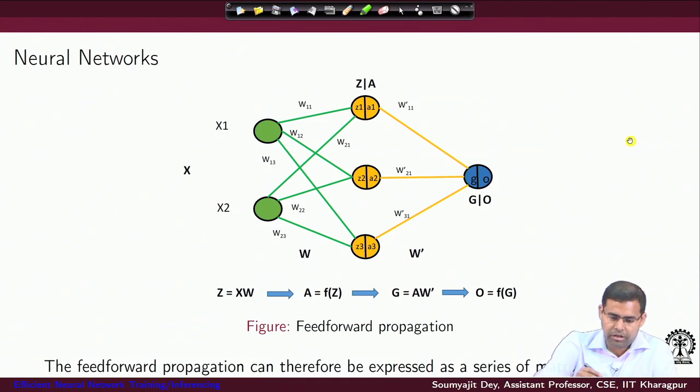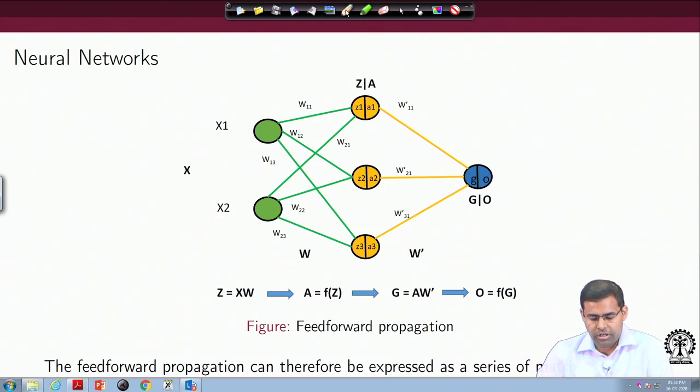As you can see, if we start using vector notation and try to understand the mathematical relations that hold here, let us say this is my input x, and if I consider a matrix representation of all these weights, let that be w. What reaches the hidden layer is some z, which is nothing but x multiplied by w.